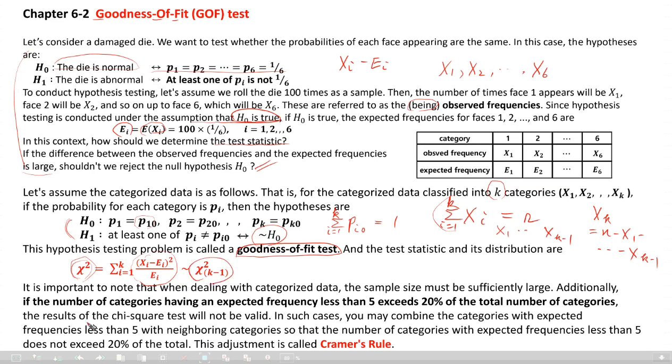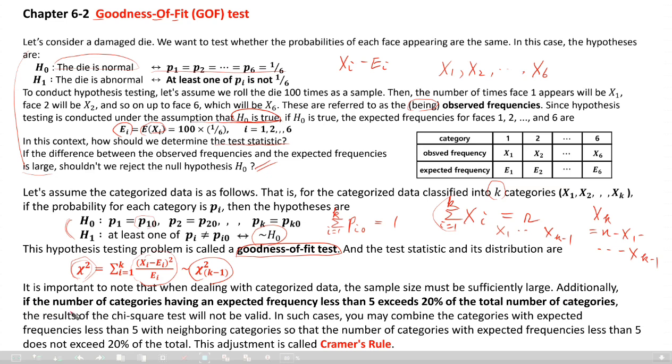That is the degrees of freedom. It is important to note that when dealing with categorized data, the sample size must be sufficiently large. If you have a sample size of just about 25 or 30, that is not good enough. It depends, of course, on the number of categories.